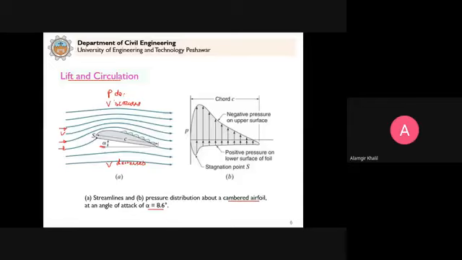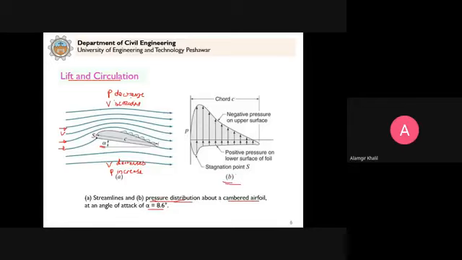And at the bottom, pressure should increase. So when this happens, it gives rise to the pressure distribution here in part B. You can see the pressure distribution diagram on this object in figure B.